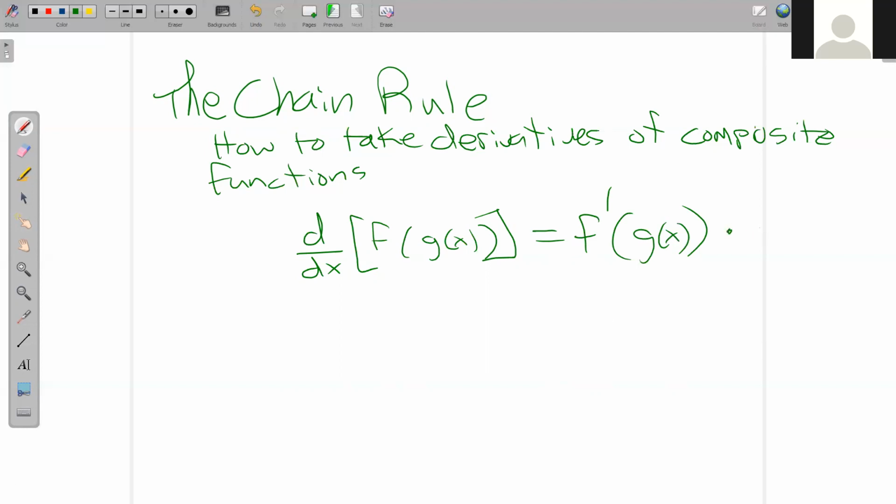Then multiply by the derivative of the inner function. So the chain rule just says, hey, you've got multiple derivatives, they're connected together. It's just the outer derivative times the inner derivative is the chain rule.